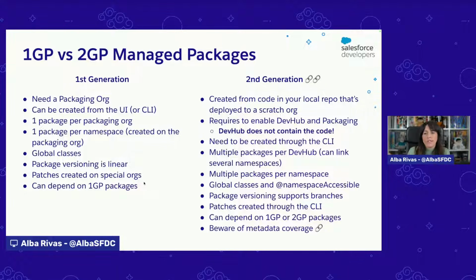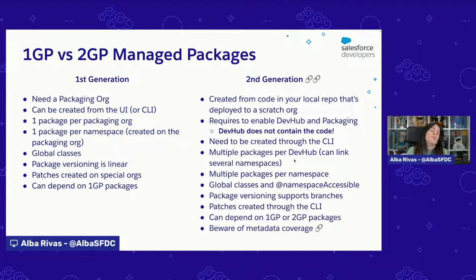This, of course, has some limitations that were solved with second generation managed packages. So with second generation managed packages, we created them trying to solve all those limitations, and we decided to create a much more flexible system in which multiple packages can exist per dev hub.